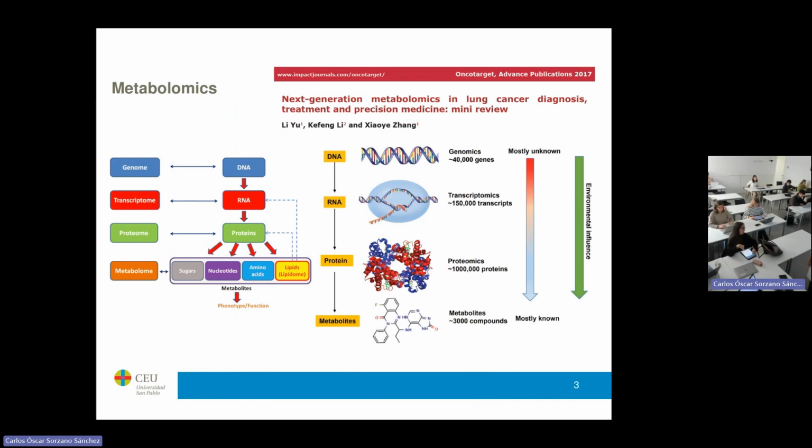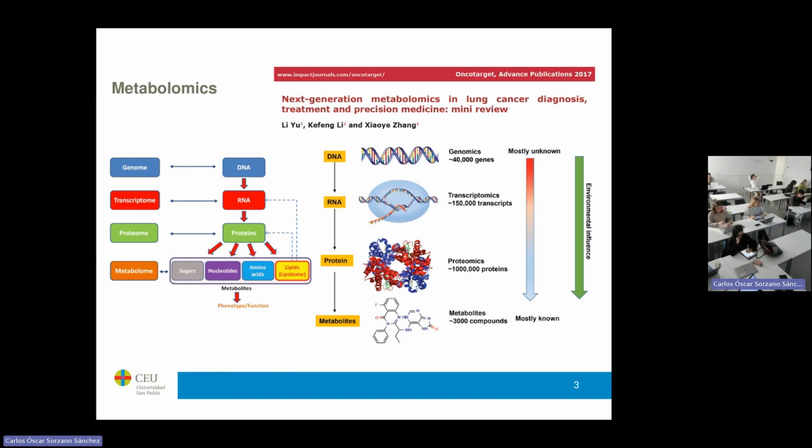We have seen already a few of these labels: the genome, transcriptome, proteome. The DNA is transcribed into RNA, and RNA is translated into proteins. These proteins are the ones that really perform the biochemical reactions within the cell.